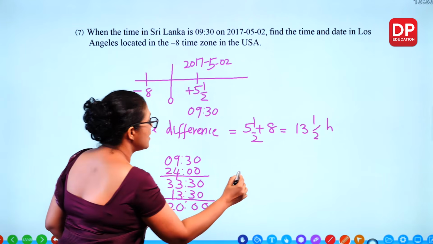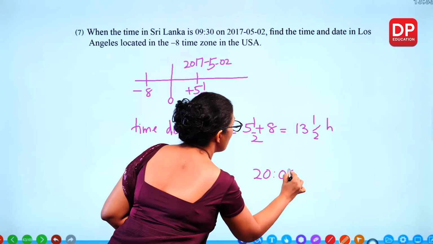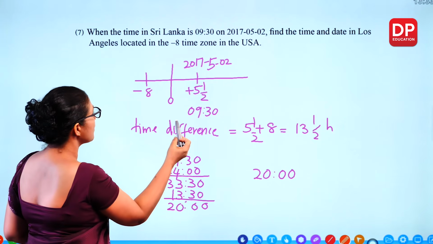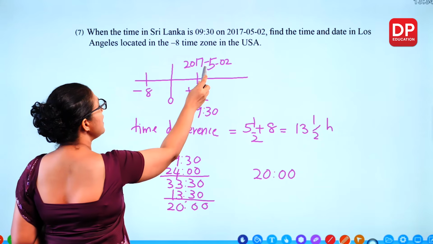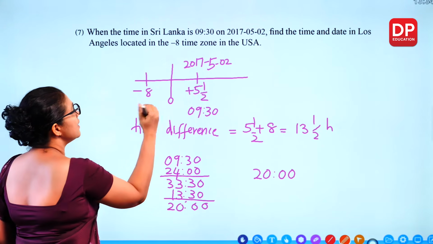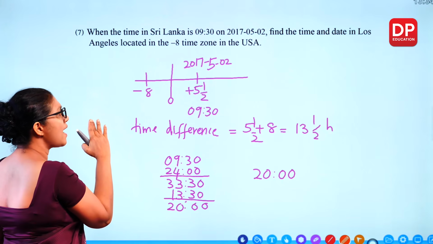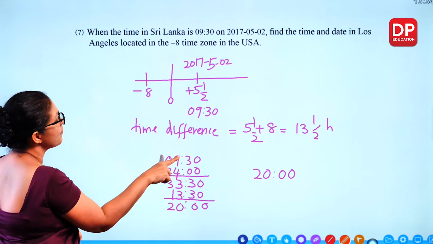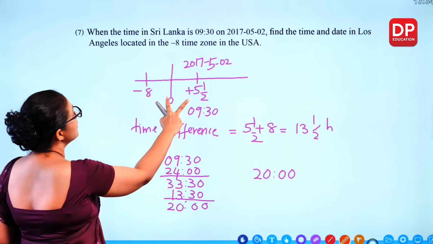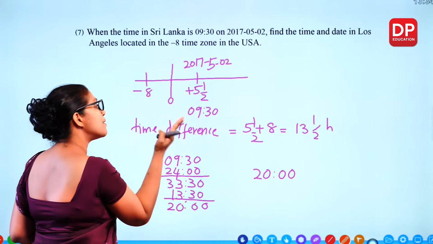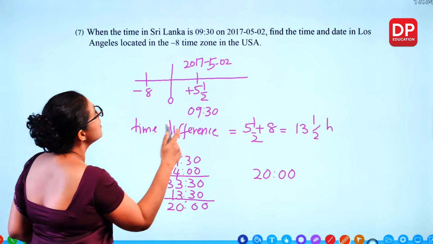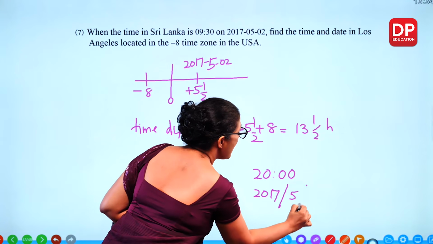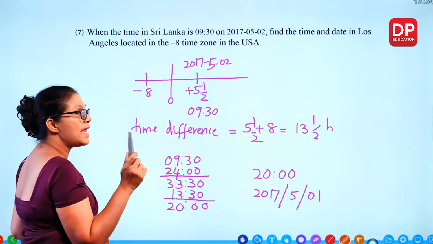In USA, 20 hours. And what's the day? This is 9:30 in the morning, May 2nd. But this one is the previous night. Previous night means the previous day. The previous day, 20 means, what's the date? 2017, 5 and 1. So that means May 1st.